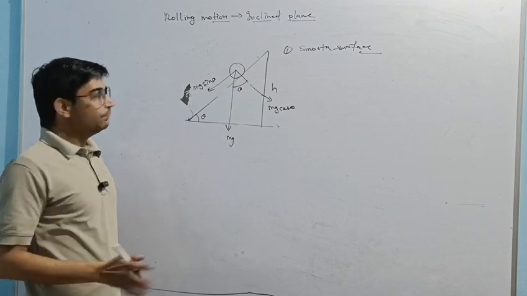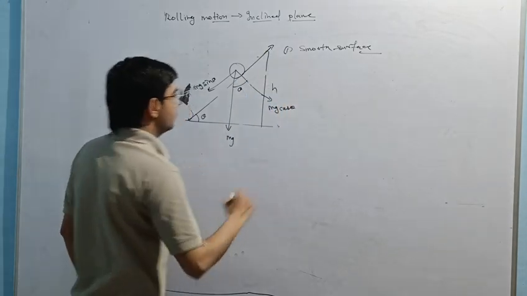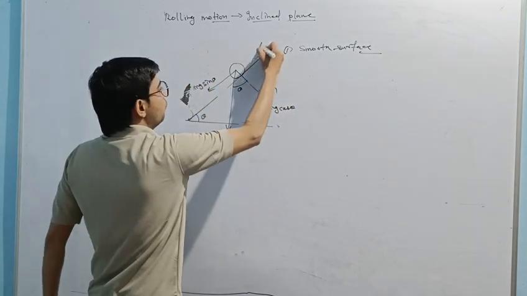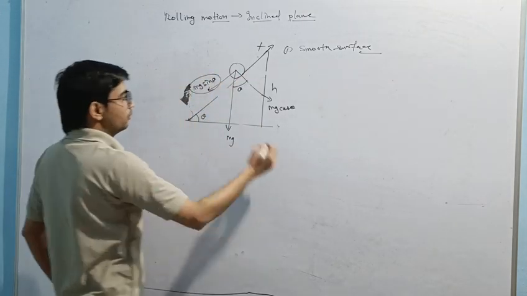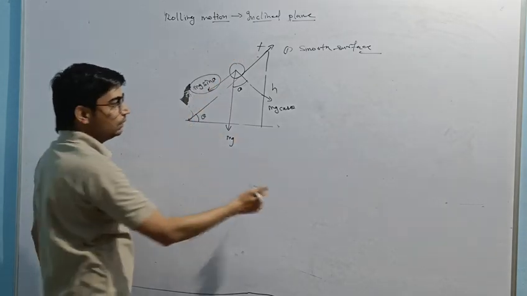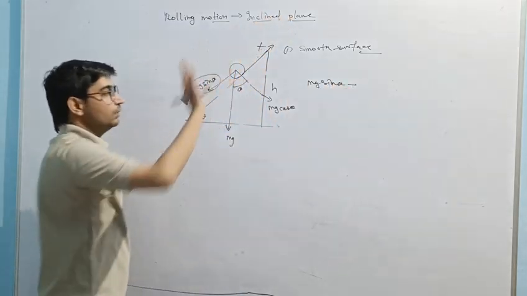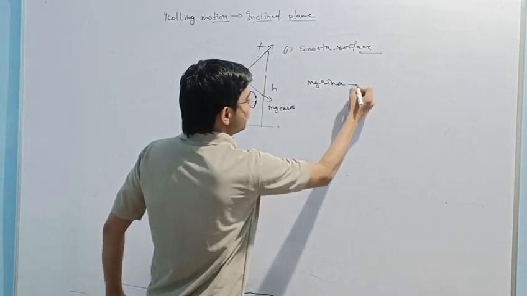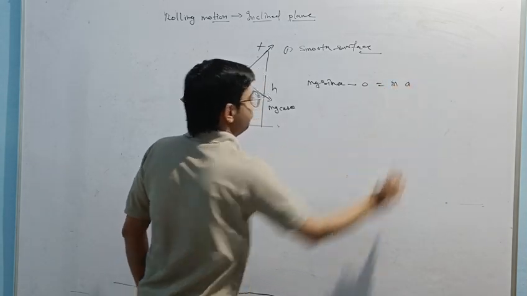If this object slips, then there is no opposing force like this. There is no force here, so we have only this one. This one force is responsible for slipping. So mg sin theta minus opposition, no force, minus 0 is equal to net force m into a.